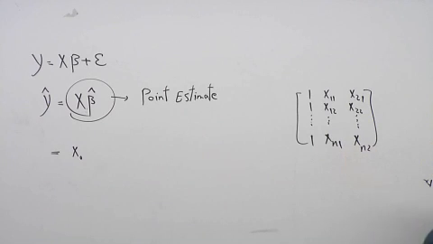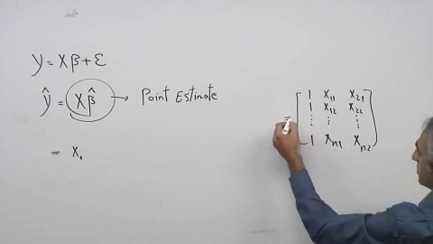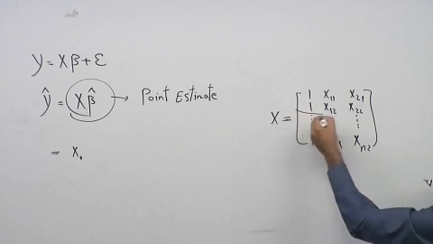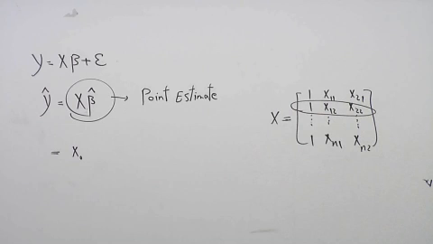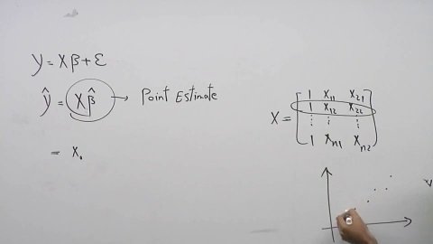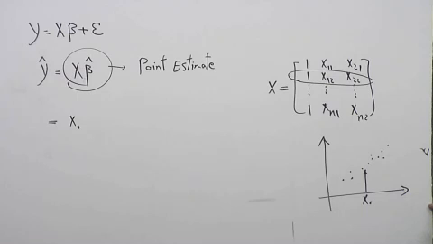So this is the X matrix. So by x0, I mean one row of this, for example. Okay? If this is X, by x0, I mean one of these x values. Okay?